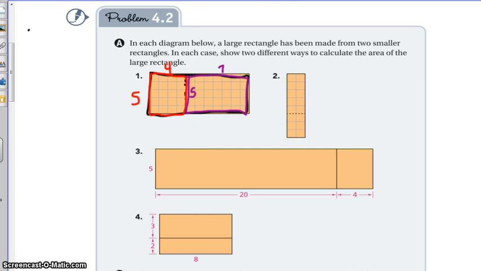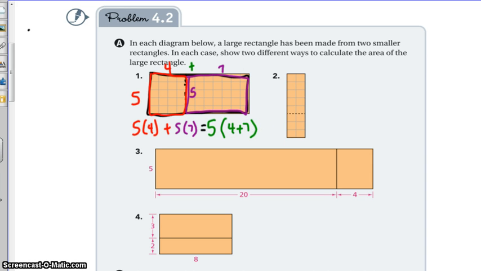So what we are showing is that 5 times 4 plus 5 times 7, I better put that in purple so the colors are matched, equals 5 times (4 plus 7), because this is all on the same side.